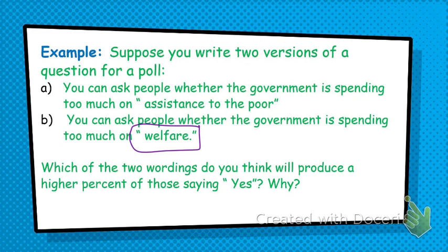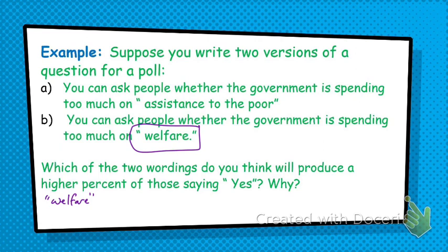So I would say welfare has a negative connotation of consuming taxpayer dollars.